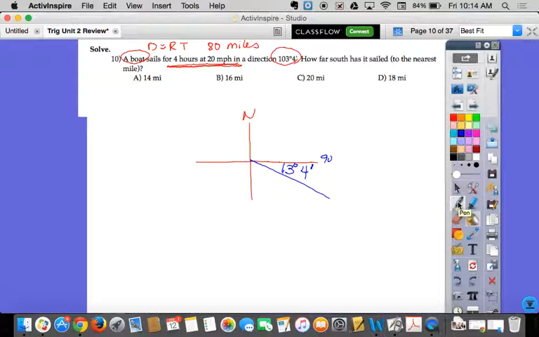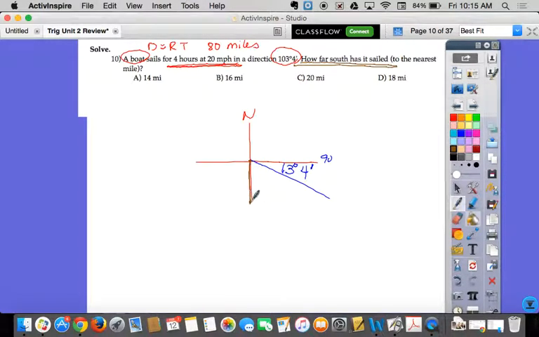Let's see here, it says, how far south has it traveled to the nearest mile? So that's the weird part. You've got to understand, what is that question really asking you? It's not asking you how far did the boat travel. It said how far south did it travel. South is straight down.